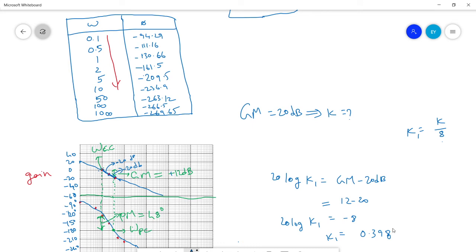So what we have to calculate is K. K is equal to 8 into K1, that is 3.18. So this is the value of gain K at gain margin equal to 20 dB.